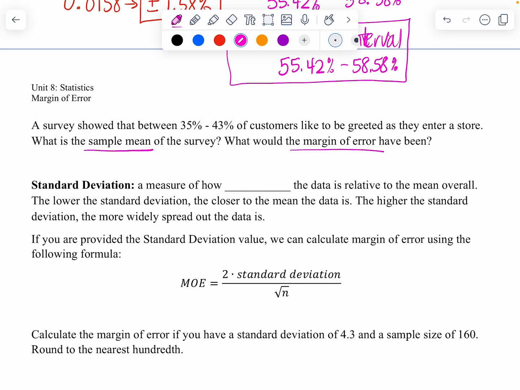So for our sample mean, a mean means an average, and we're between 35% and 43%, so we're going to find the average of those two numbers, or the middle. So 35 plus 43 divided by 2 equals 39%. So right in between here is 39%. That is my sample mean. So we'll label that as our sample mean.